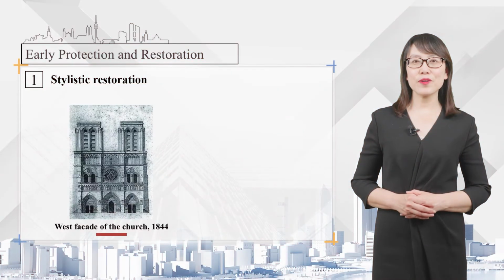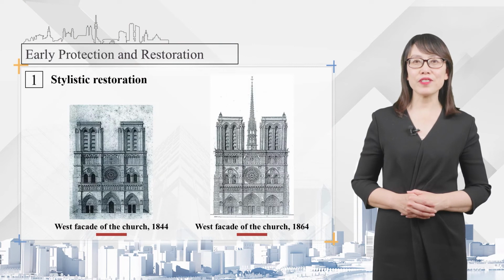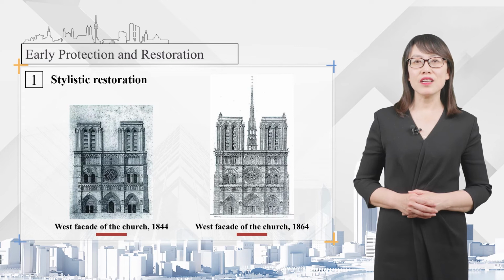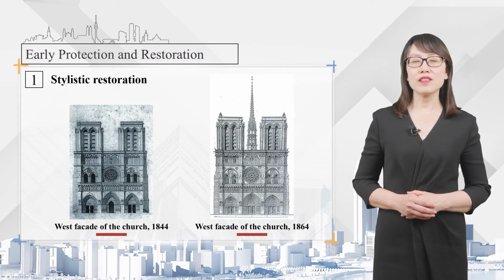We take the restoration of Notre Dame in Paris as an example to look at the practice of the stylistic restoration. During the French Revolution, Notre Dame suffered the worst damage in history. The cathedral's interior was badly damaged. After Napoleon's coronation as emperor, coupled with the great success of Hugo's novel of the same name, attention was back on the restoration of the building itself.